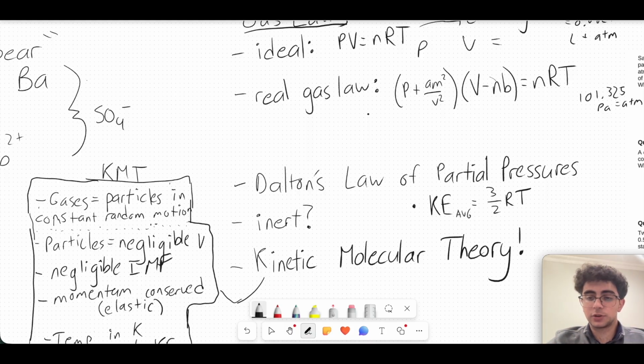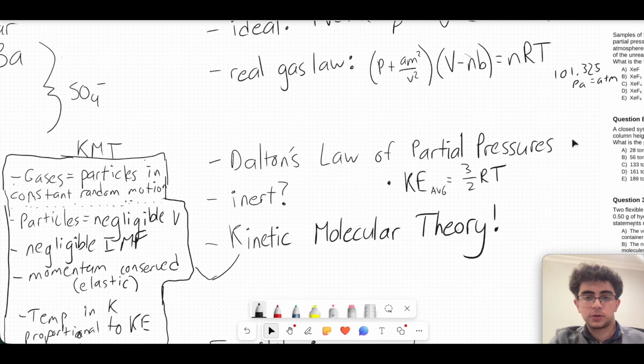When they slow each other down, they hit the walls of the container less hard, at a slower speed, so the pressure is lower. So the P in PV equals nRT is really the actual pressure, which is a little bit lower, plus this term. The actual pressure is a little bit lower than this PV. So that's the real gas law. You may need to understand it conceptually for an MCQ or an FRQ.